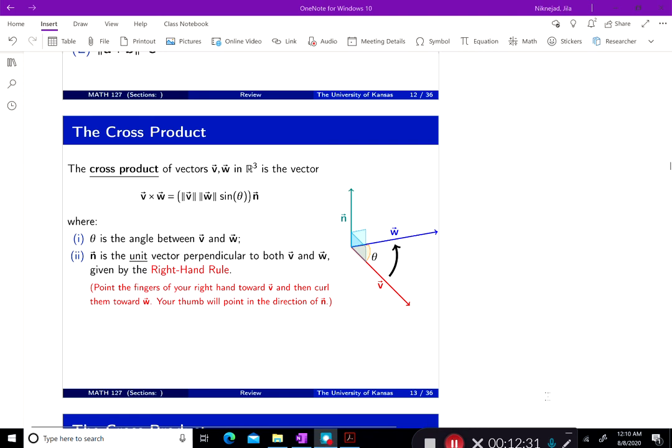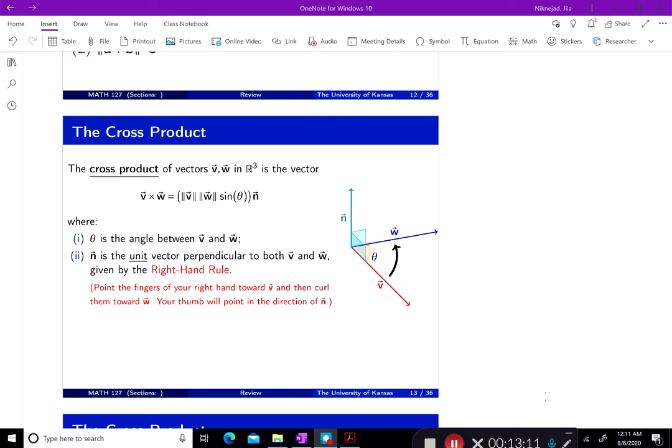The cross product. The cross product of vectors V and W in R3 is the vector V cross W equal to magnitude of V times magnitude of W times sine theta times N. This entire thing is a scalar multiplied by a unit vector, where theta is the angle between V and W, and N is the unit vector perpendicular to both V and W given by the right hand rule.